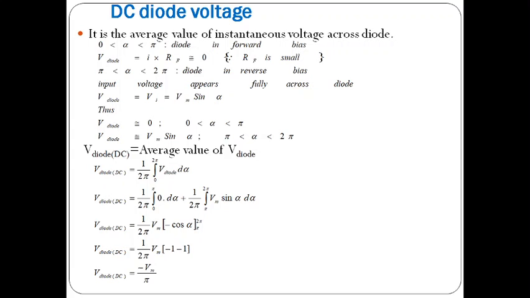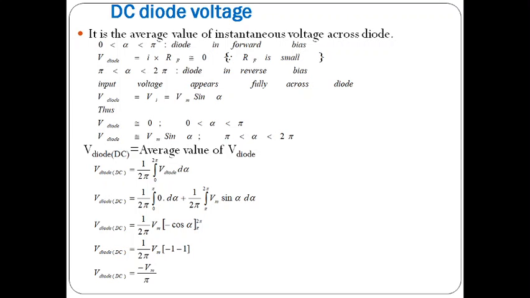In the next case, we are considering π to 2π, that is π less than alpha less than 2π. In this case we are applying the negative half cycle. So in this time period the diode is in reverse bias. When the diode is in reverse bias, it is open circuited. So whatever input voltage we apply, that same voltage appears across the diode.